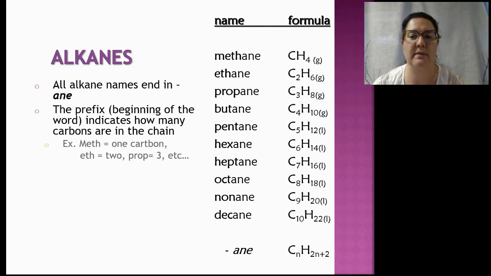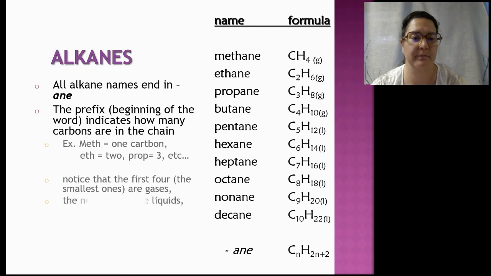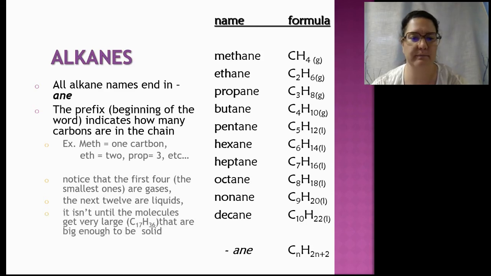In your data booklet, you have a list of what the prefixes are depending on how many carbons there are. Notice that the first 4 are gases because they have the lowest boiling point, and the next up to 10 are liquids. It isn't until we have very large hydrocarbons like C17H36 that they're large enough to be solid.